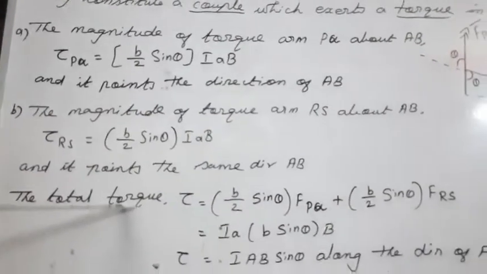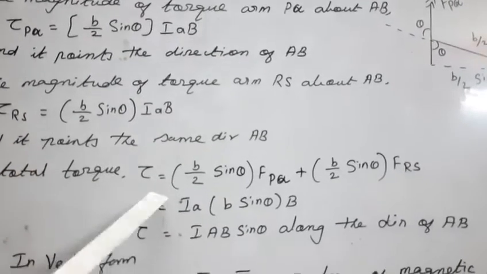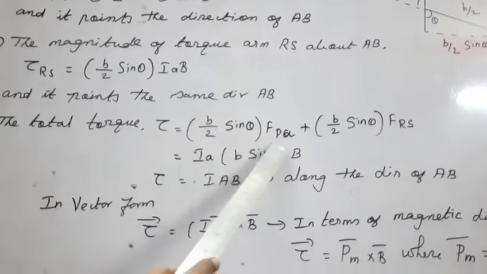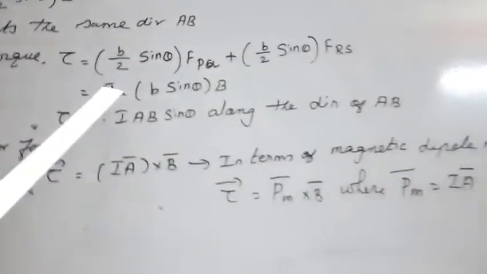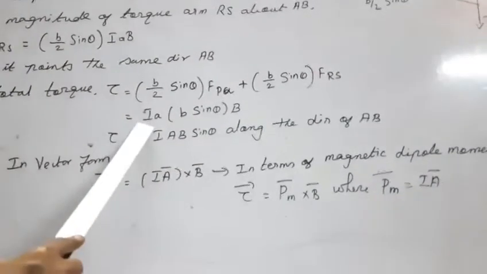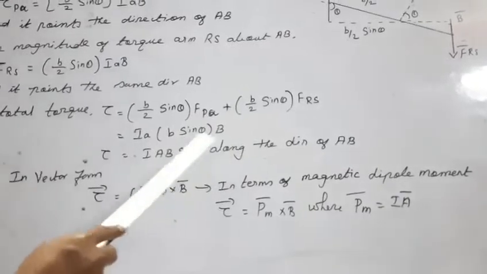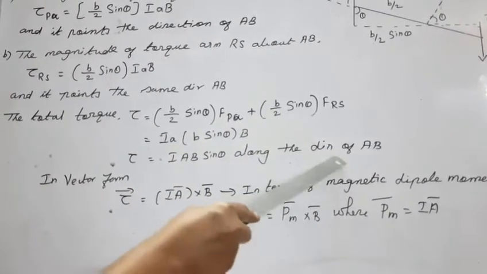Therefore, the total torque acting on the entire loop about axis AB, which is given by tau, is equal to B by 2 sin theta F_PQ plus B by 2 sin theta F_RS. Therefore, we can write it here IA into B sin theta, and tau is equal to IAB sin theta along the direction of AB.